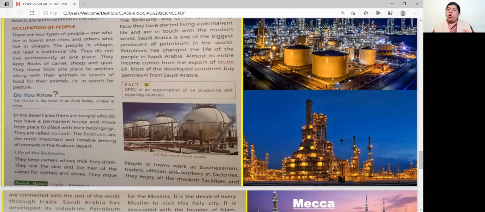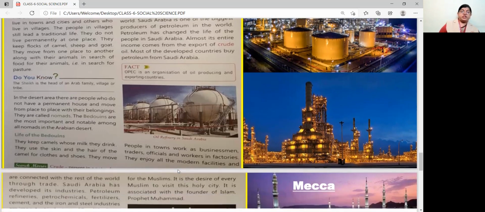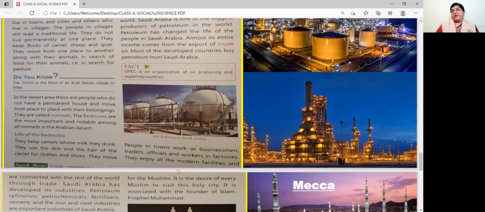They enjoy all the modern facilities and are connected with the rest of the world through trade. Saudi Arabia has developed its own industries. They are very rich because of oil, children, and they're supplying oil to the major developed countries of the world.